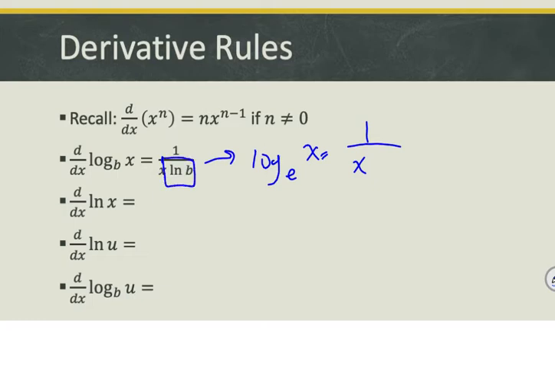But when our base is e and we do ln of e, what does this equal? It's just 1, right? They just cancel each other out. You're left with 1. So the derivative of ln x is just 1 over x.